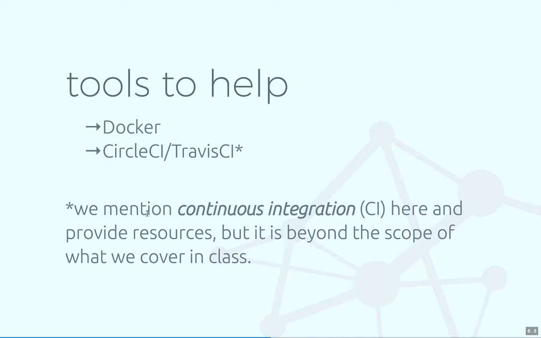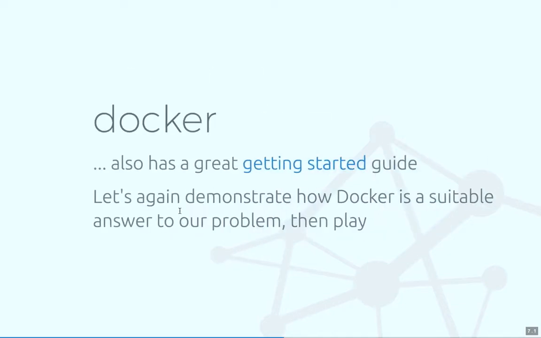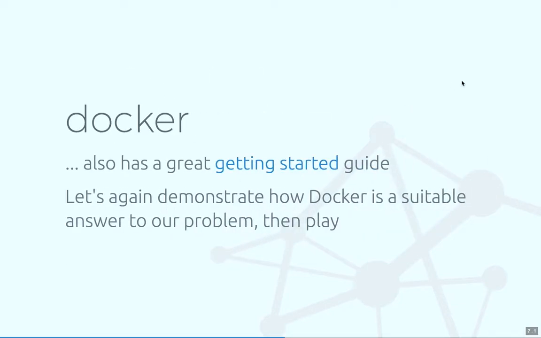So continuous integration, again, I'm not really going to talk about, but I strongly encourage you to look into. So again, Docker has a great getting started guide. I'm going to say that at least one more time when I talk about Jupyter. I'm not going to be trying to reproduce any of these, but again, simply look at the features that we talked about and show Docker's efficacy for what we want to do.